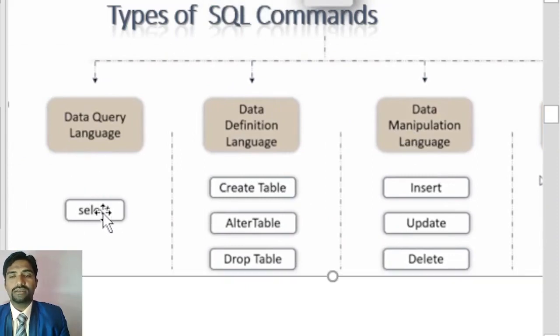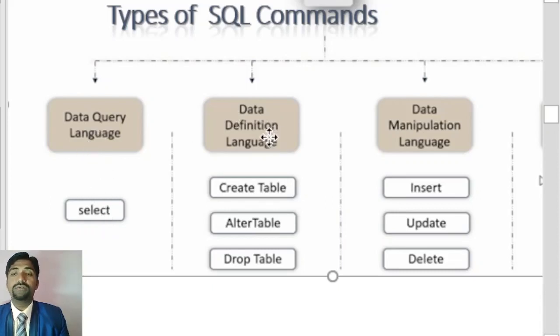This select statement is used to retrieve data from the database with the help of some clauses. Different kinds of clauses are there: where clause, group by clause, having clause, order by clause, as clause. With the help of these clauses, we can retrieve any data from the database.